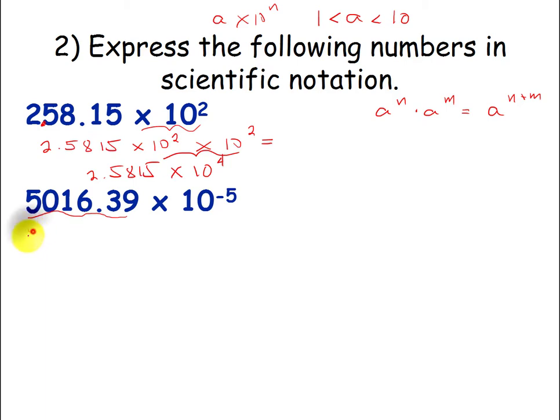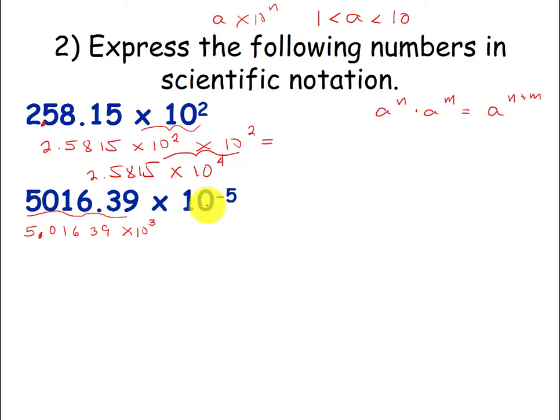So we should have 5.01639. Okay, next, we move our point 1, 2, 3 places. Now, since our original number is greater than 1, the exponent should be positive.